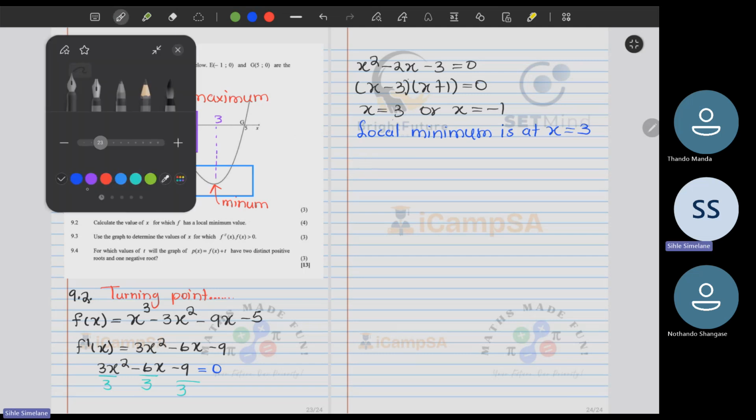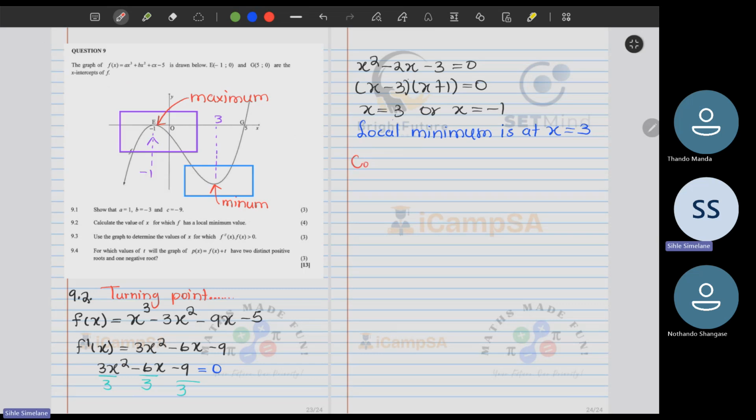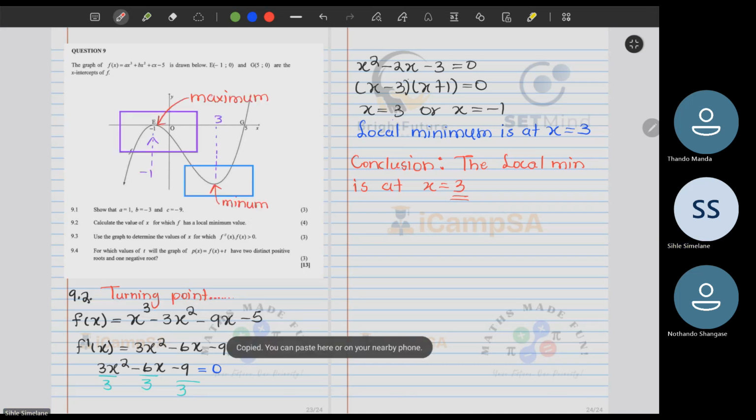So we can just say, conclusion, looking at our graph there, our conclusion is that the local minimum is at x equals 3. Okay, hope you guys understand. So let's then move to the next question, and let's look at 9.3.